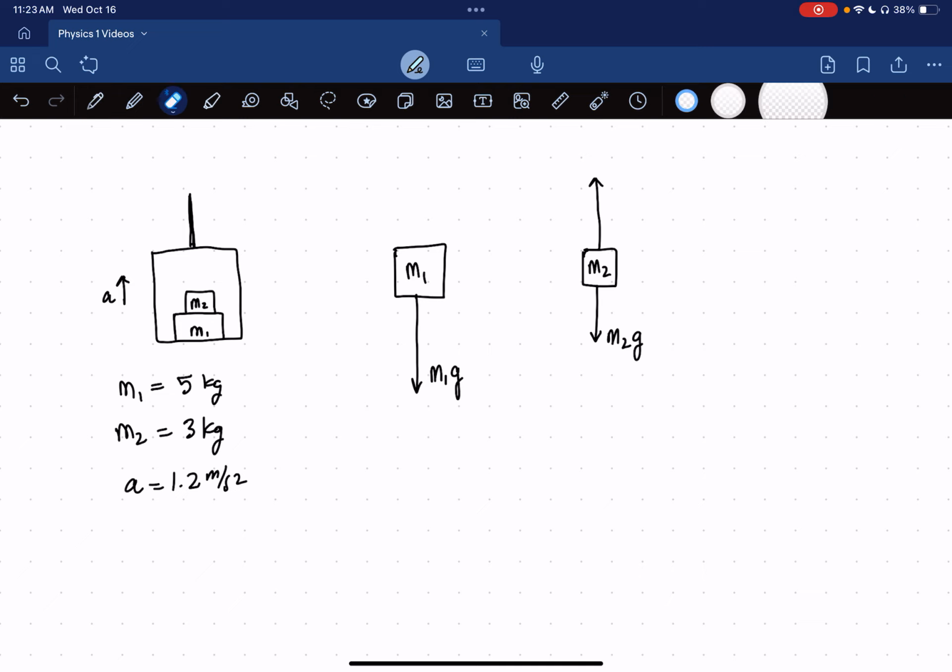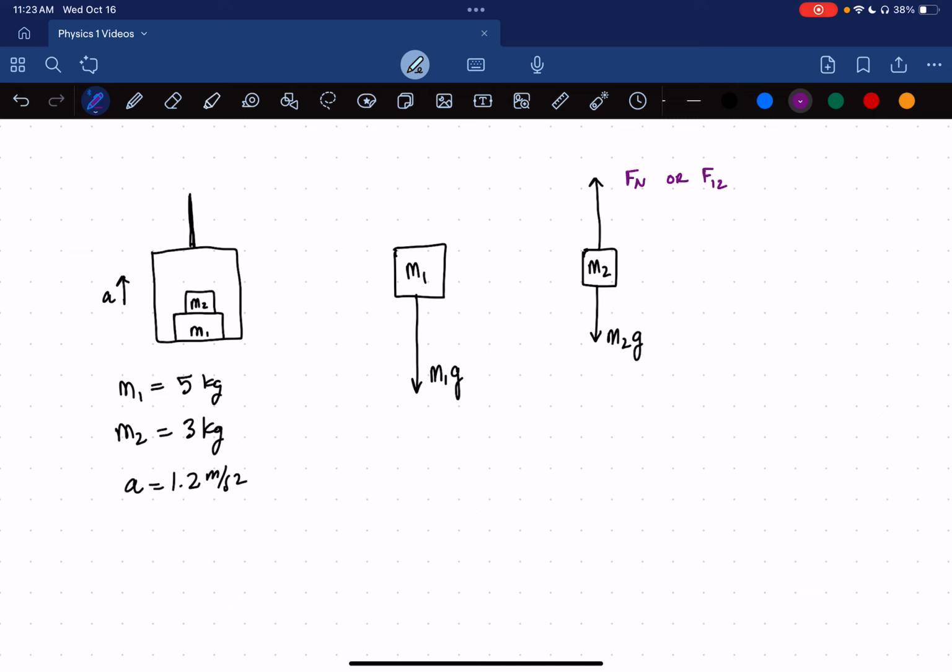And right here we have a choice. You have a choice of what to call this. This could be a normal force, which it is, from mass 1. Or you can say it's a force that mass 1 puts on mass 2, and I typically write that as F12.